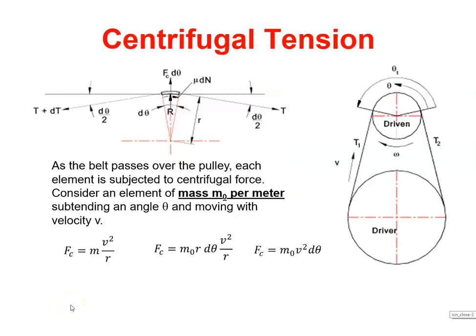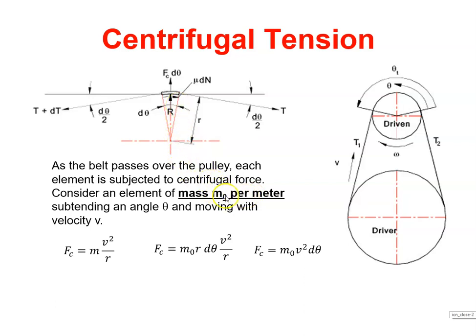So in this screencast we're going to look at the effect centrifugal tension has on the power transmitted by a belt. Okay, so we're going to look at a small section of the belt, this small section over here. Centrifugal tension is equal to mv squared over r. The belt we're going to consider has a mass of m0 kilograms per meter.